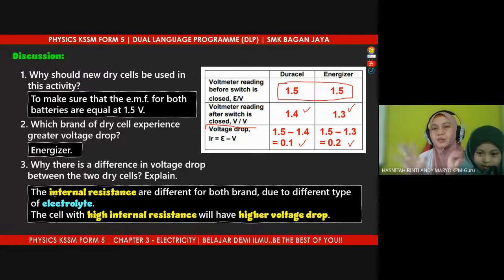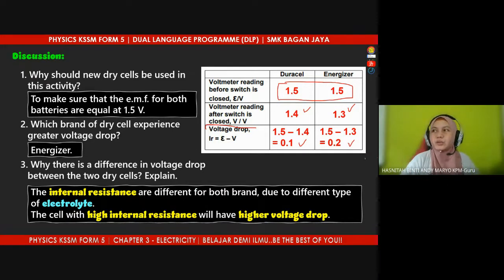And we are using different brands. As I mentioned earlier, different brands are produced differently, sometimes using different kinds of electrolyte, the chemical inside. So different electrolyte gives different internal resistance in the battery, so it will give different voltage drop. So the answer is internal resistance is different due to different types of electrolyte.